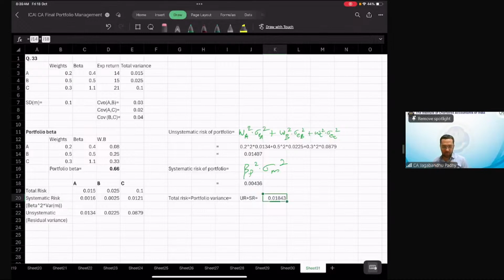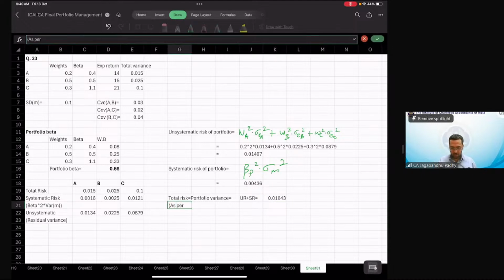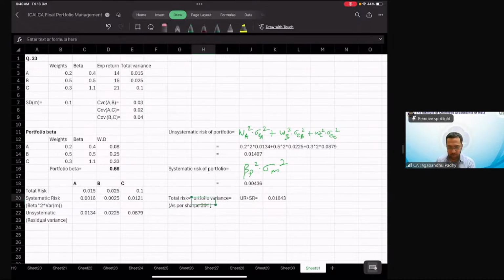So this is simply the total risk of the portfolio variance, the summation of unsystematic and the systematic portion. Now this is, of course, as per Sharpe single index model. So as per Sharpe single index model, we get the total risk as 0.01843.